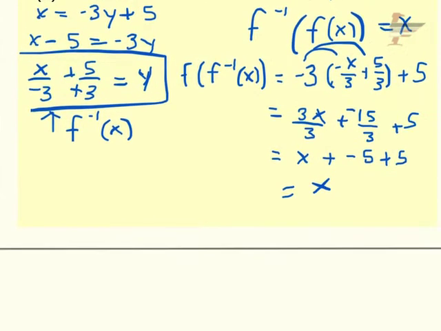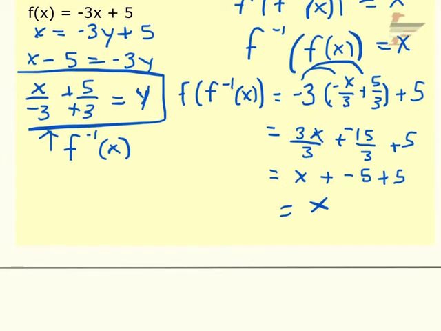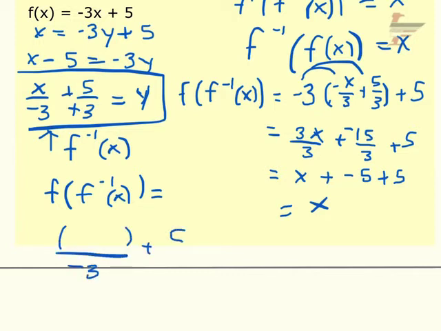All right, then to verify my other composition, I'm going to do the inverse of f of x. That means I start with my inverse, but I'm going to replace my x's with the original function, -3x plus 5.